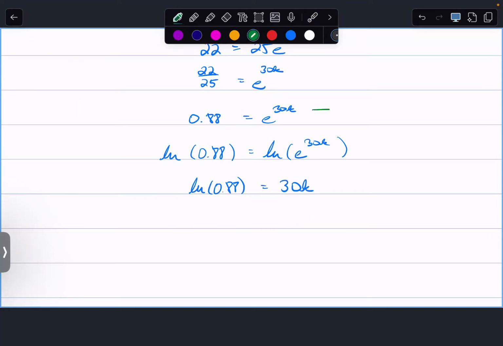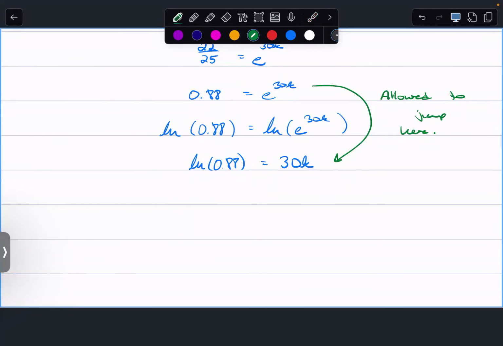But the reason I do write it out here is just to highlight that these guys basically cancel and the 30k drops down, but also you have to remember to take the log of the left-hand side. Okay. k is so close I can taste it.